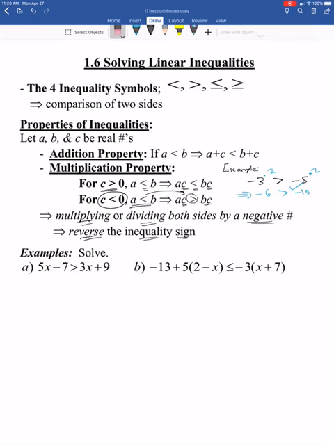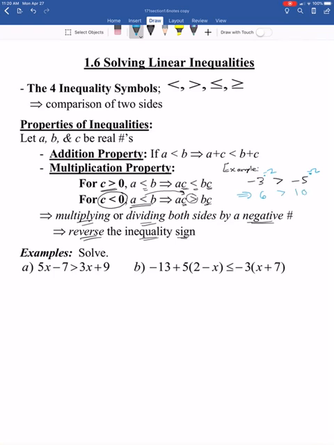Now, if we were to change that up, if we were to do a negative 2, let's put a negative in here. If we multiply both sides by negative 2, no longer is that the case. Now we would have a positive 6, and we leave the greater than symbol. Negative 5 times negative 2 is positive 10.